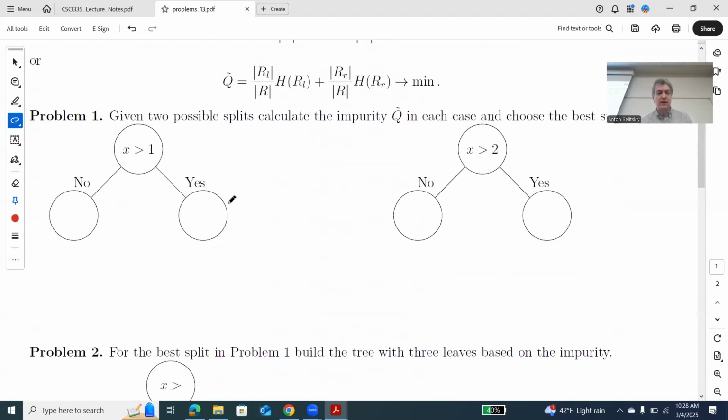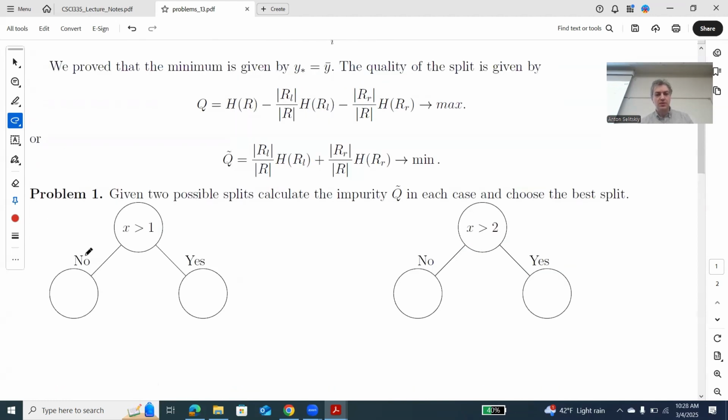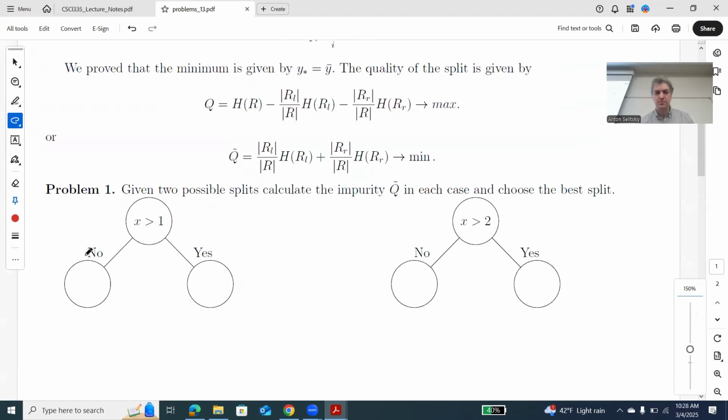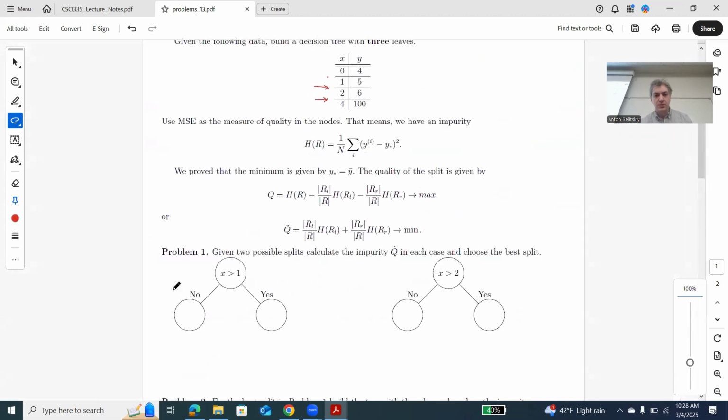Okay, let's do that. So greater than 1. Which numbers do I have here? Which predictions? 0 and 1. So the y values 4 and 5.